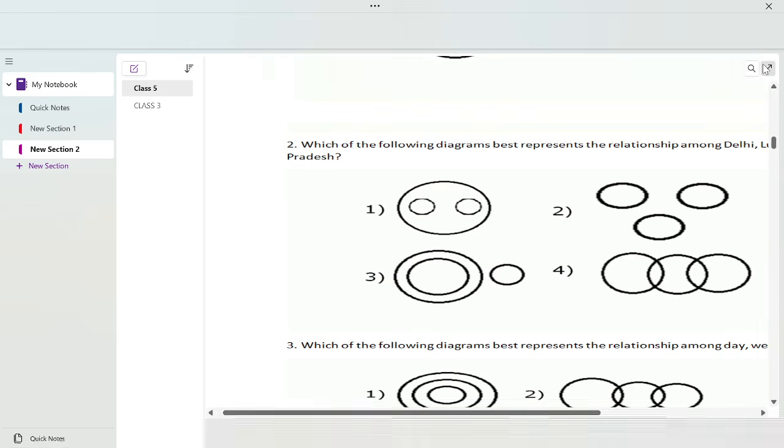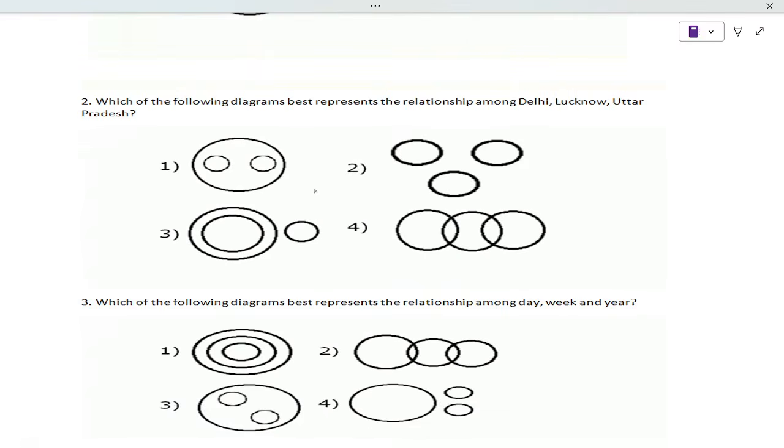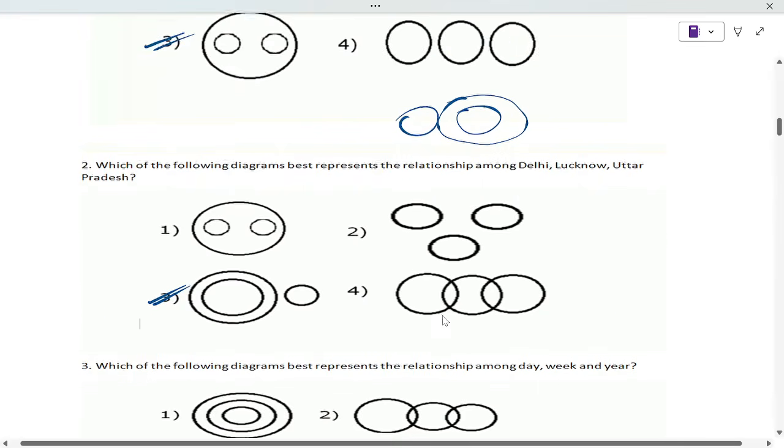Delhi is separate, Lucknow is separate, but Uttar Pradesh is a state, so we can say 3 is the answer again. So far, option 3 is the answer.